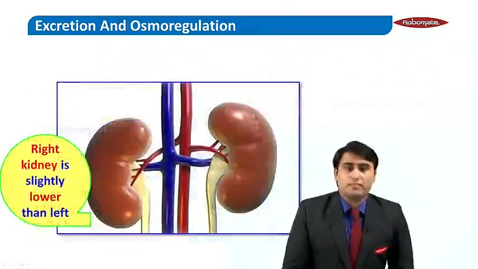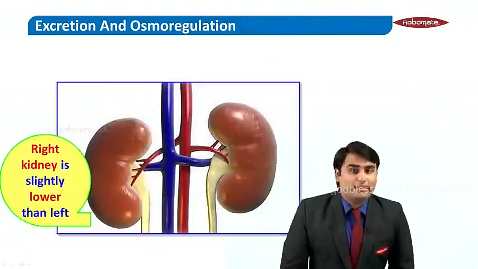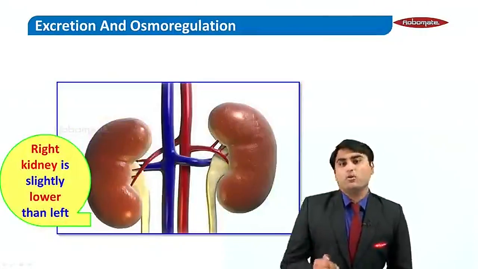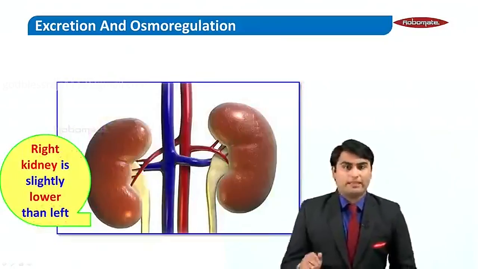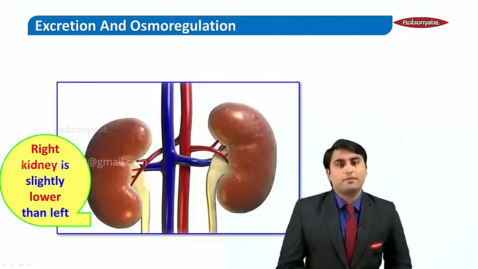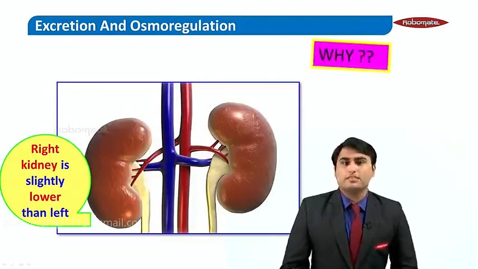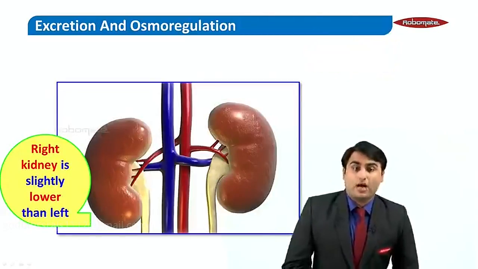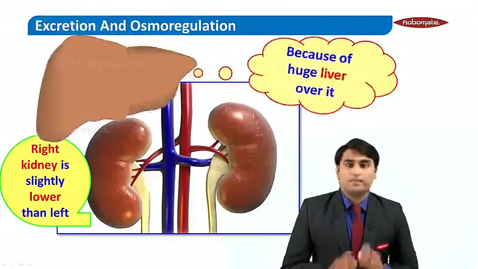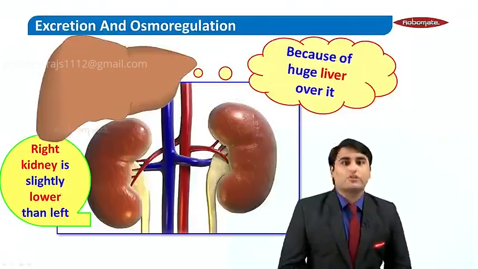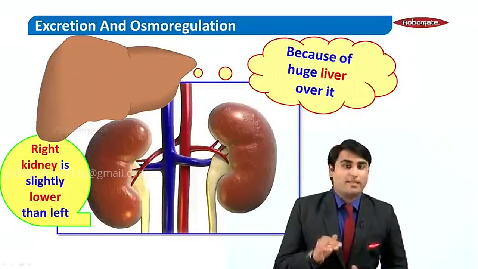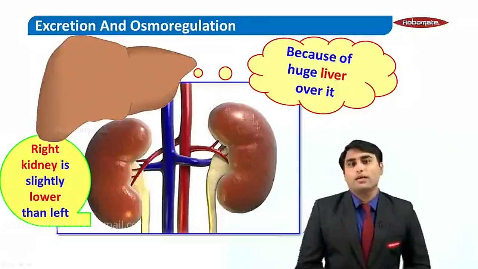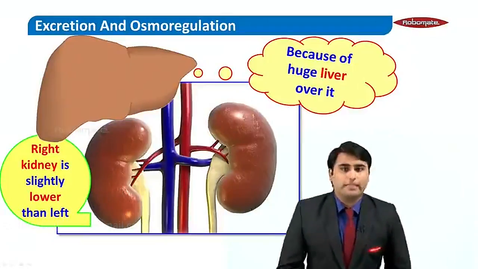Now let's see the position of the kidneys. The right kidney is present slightly lower compared to the left kidney. Any guesses, my friends, why the right kidney is lower and the left kidney is higher? The reason is that above your right kidney there is a huge organ, your liver. To accommodate the liver, the right kidney is slightly lower compared to your left kidney.